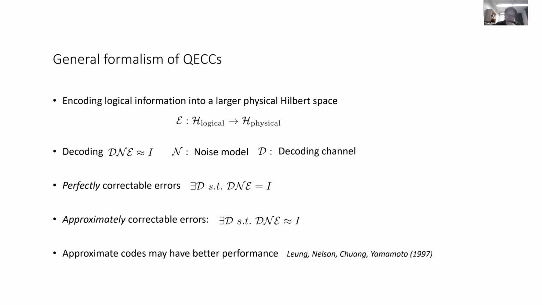There are two classes of quantum error correction codes. The first is called perfect exact codes, or perfectly correctable errors, given by exact equality to identity. But there are also approximately correctable errors, and the CFT code is one of these examples, where you can at most achieve this approximate sign, not the exact sign.